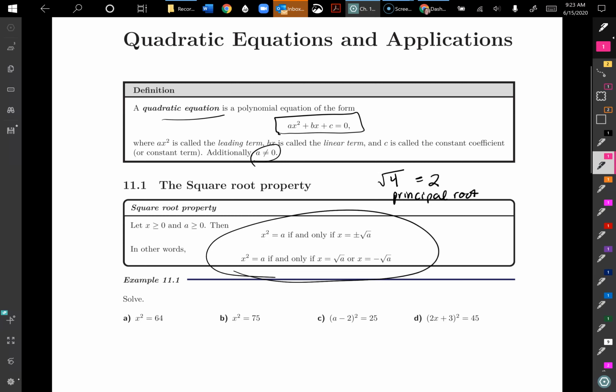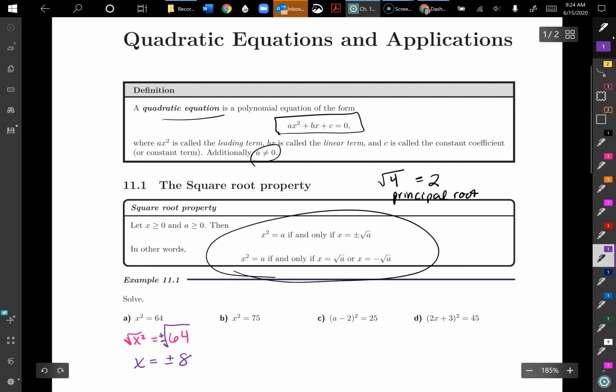So we're going to take the square root of x squared, and it's an equation, so I can take the square root of both sides. But when I do that, I have to write plus or minus because we know that x could be a negative there and give us the same result. So once I do this, I get x by itself. And then if I take the square root of 64, that would be 8. So I have plus or minus 8 for an answer.